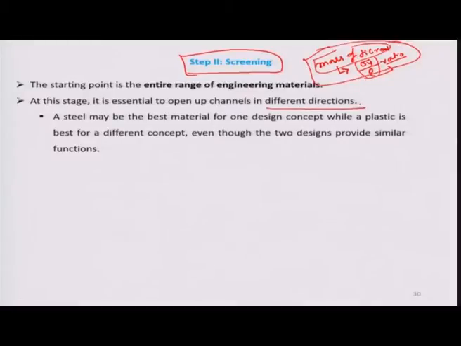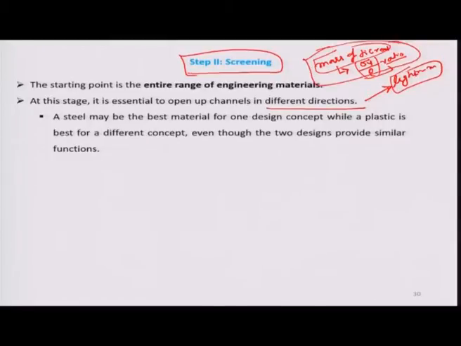It means if you are going in only one direction, suppose for lightness you need a lighter material, and you keep in mind only materials which are very light in weight so that you can make your product with them, that is not a good idea.